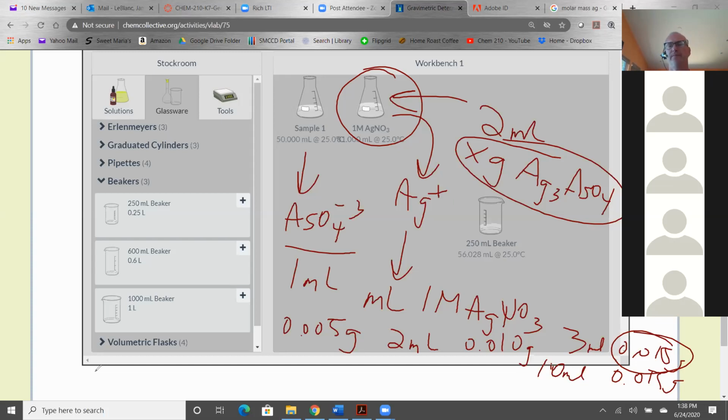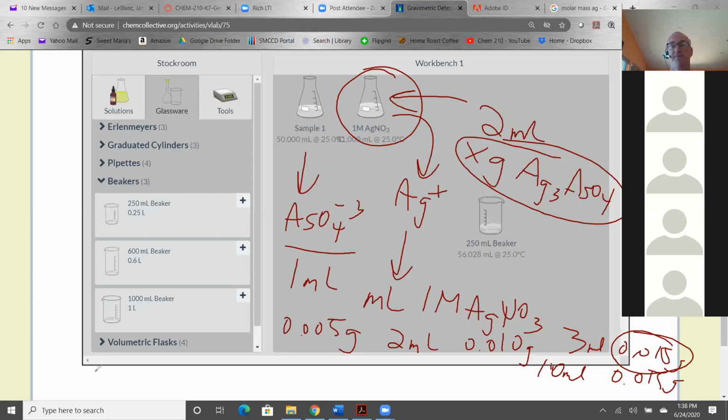But you won't calculate the mass percentage of arsenate, because you don't know what the final mass percentage of arsenate is until you've precipitated all of the arsenate.